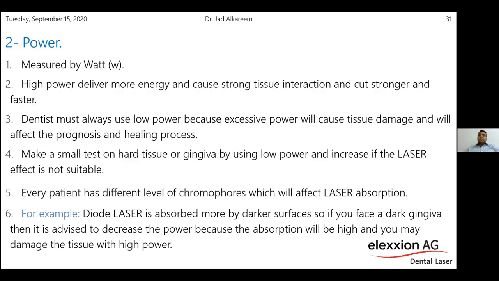In that case, increasing the power will cause the energy to be absorbed more, and it will also increase the temperature of the tissue, and then at the end, you may cause some damage to the tissue. So if you are using the diode laser and you have a darker gingiva or a dark surface, always make sure that you are using the lowest amount of power possible.